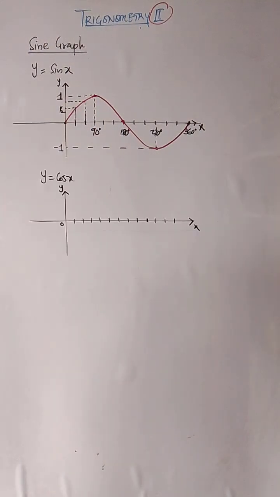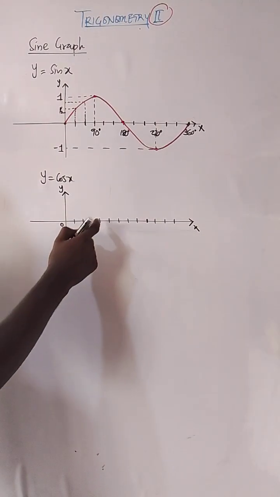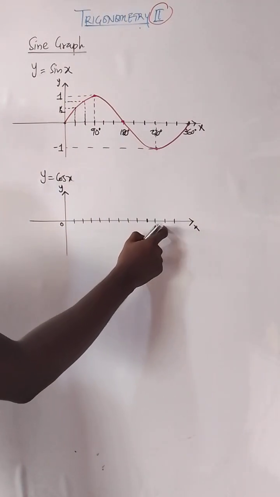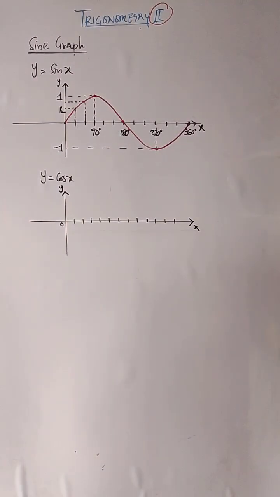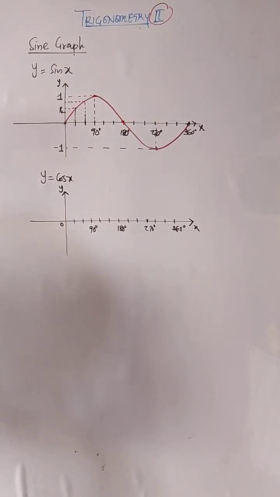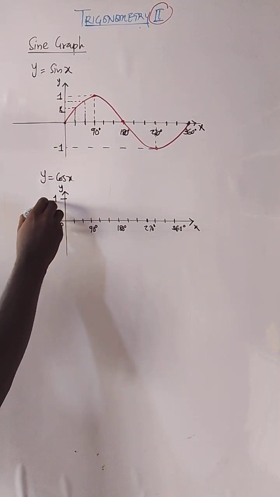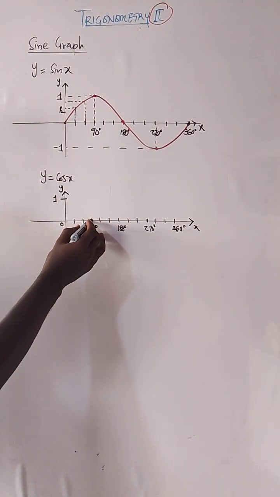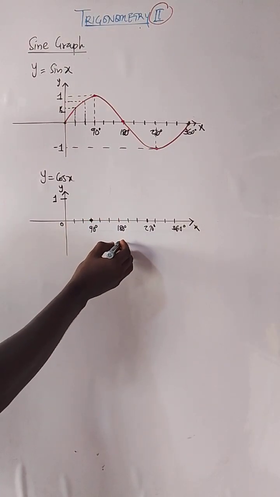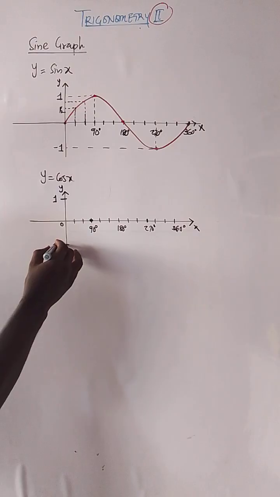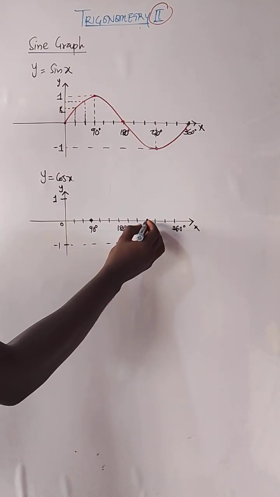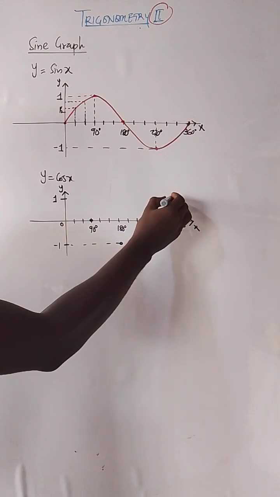Let's take the cosine graph: 0, 30, 60, 90, 120, 150, 180, 210, 240, 270, 300, 330, 360. Let's show the main points. Cos 0 is 1. Cos 90 is 0. Cos 180 is minus 1. Cos 270 is 0. Cos 360 is 1.